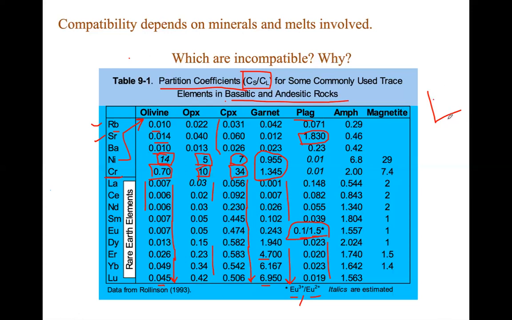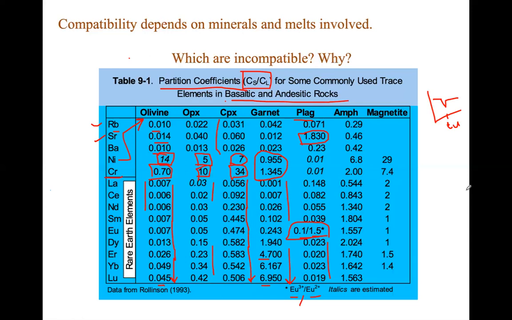So when you plot europium with other trace elements in a diagram, and we will look into these diagrams later on, you will see that if plagioclase has gone from the system, this shows a very large depletion like this. Europium will be very much depleted if plagioclase has crystallized from the system.